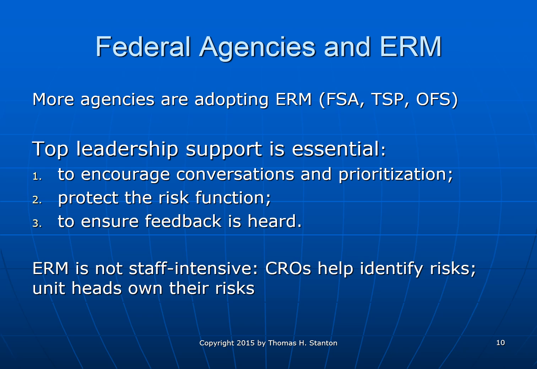The unit heads, the people that manage actual operations, own their own risks. They're responsible for management, including managing the vulnerabilities that they've got. But top leadership support is essential because people higher in the organization may be able to help in ways that a unit head by themselves simply can't help to deal with major risks.